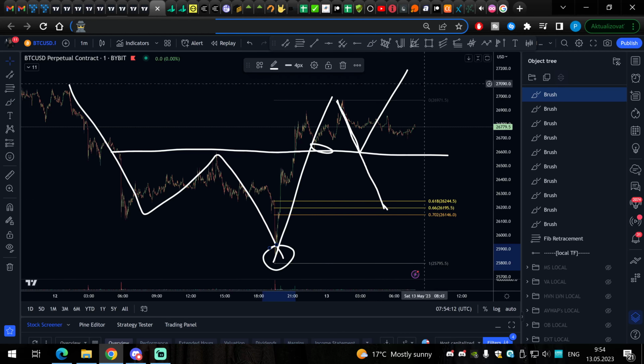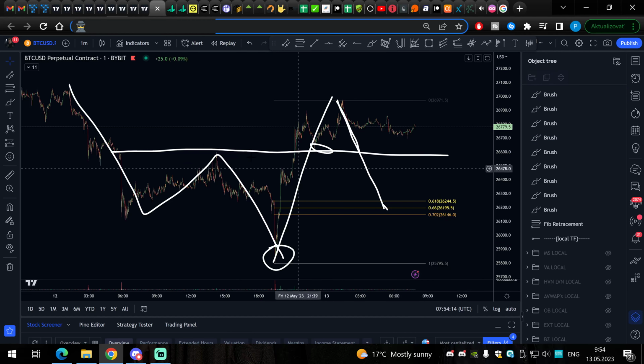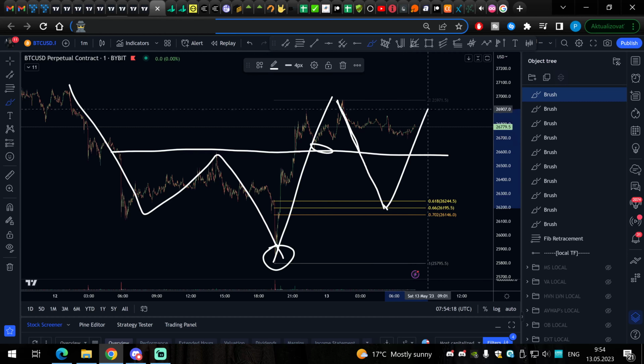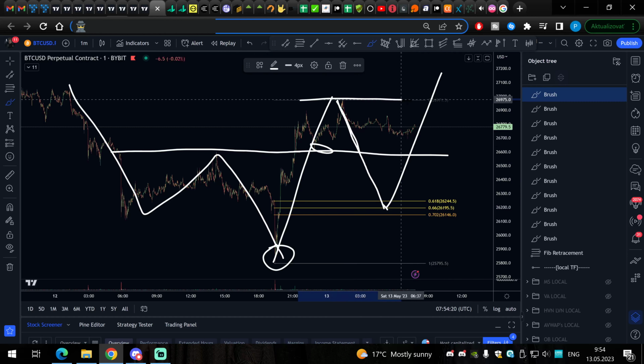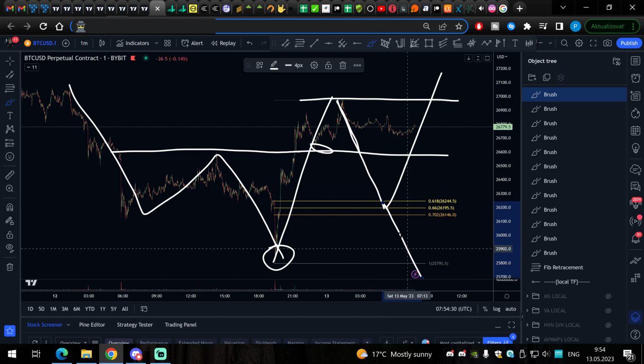So this line does not exist yet. You anticipate you will properly change market structure with a higher high. When you take out this high here, you are changing market structure, and this is the proper initiation of the local uptrend, yes. Or you lose this area and you continue down. There are only two options, but this is already providing you much better reward ratio trades.